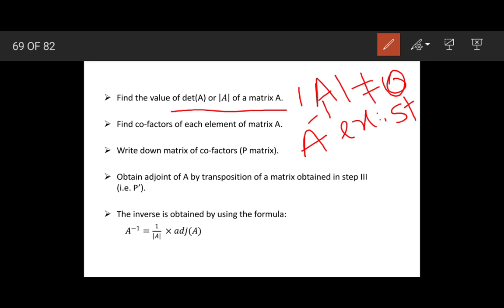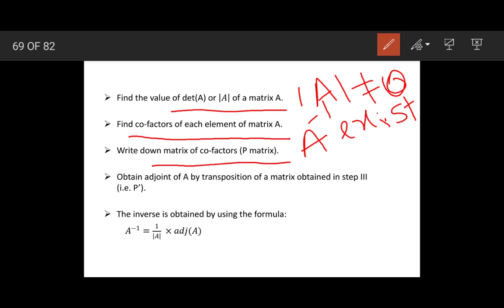So step 1 is finding the determinant of A and checking whether it is not equal to 0 or not. In the second step we find the cofactors of each element of matrix A. Then in the third step we write the P matrix, where P matrix means cofactor matrix.